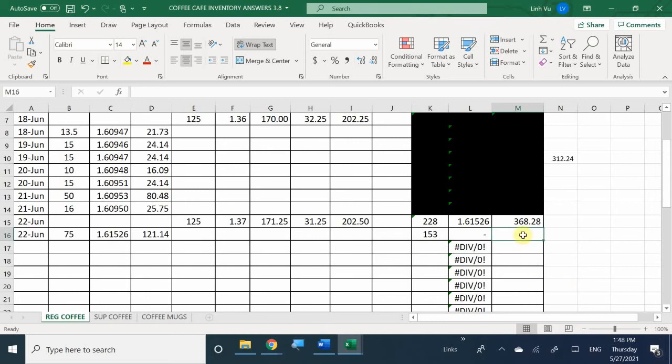Then $368.28 minus the $121.14 gives us a running balance of $247.14, which makes our running average right now $1.61. Well, 1.61529.